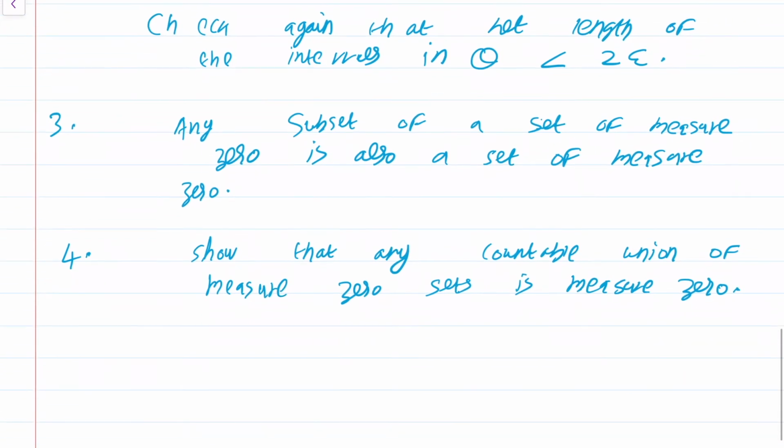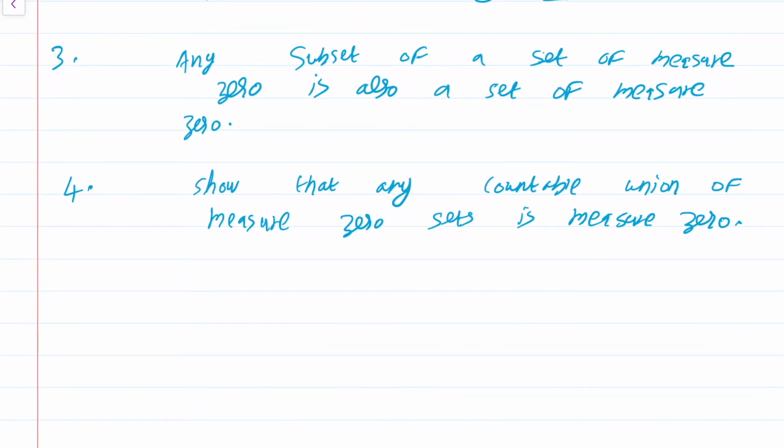Let me give you a hint. So you have to fix epsilon greater than 0 and produce a cover of the union, right? What you do is you produce an open cover for each set in this union. For the first set, you make the net length less than epsilon by 2. For the second set, you make it less than epsilon by 4. For the third set, you make it less than epsilon by 8. You see where this is going?